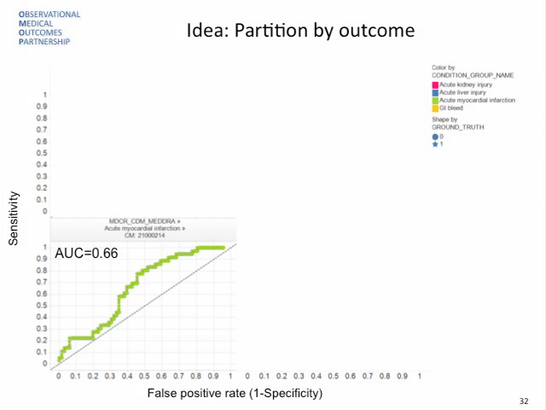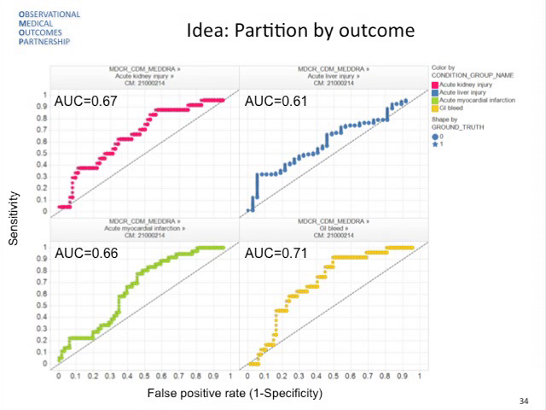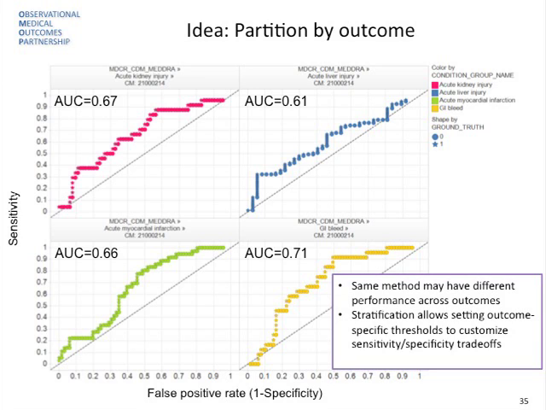For acute myocardial infarction, we could observe an AUC of 0.66. And for GI bleed, we actually got all the way up to an AUC of 0.71. So just to put that together, just by splitting up how we interpret the results and focusing on one outcome at a time, we observe that this same method performs differently for different outcomes.